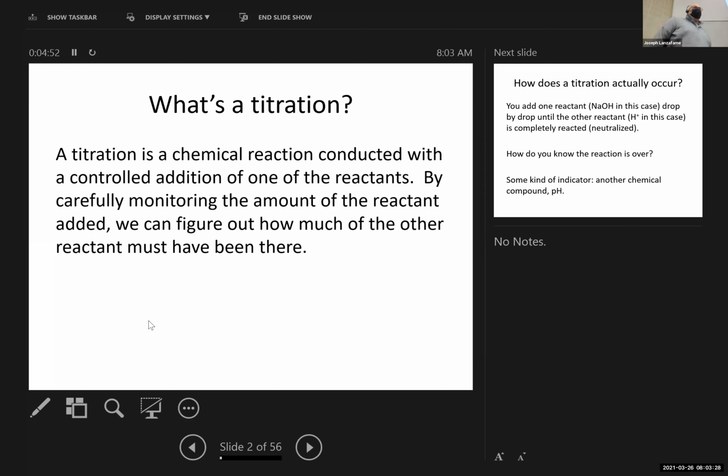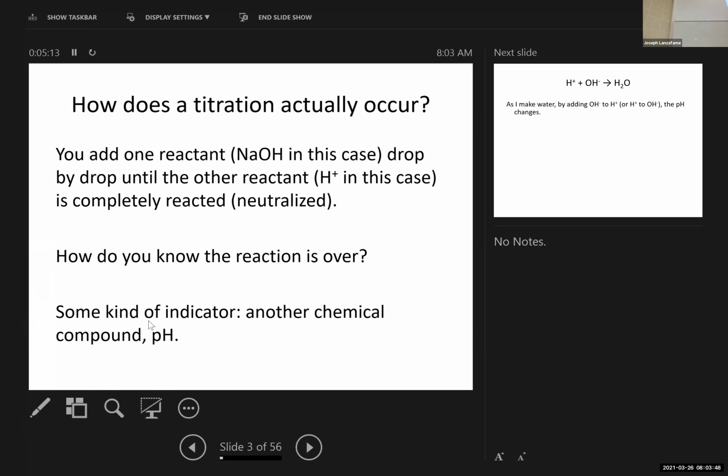right? So, for example, if I took sodium hydroxide that I knew the concentration of, I could titrate a solution that has an unknown concentration of quite possibly an unknown acid, right, and use the reaction as a means of essentially counting the molecules of acid that are present, right?